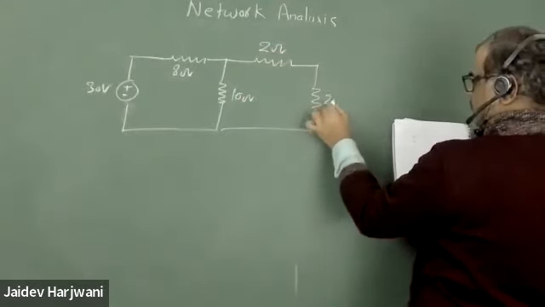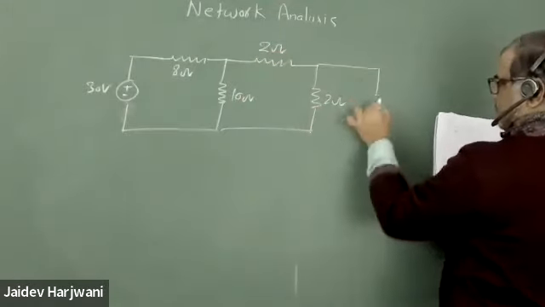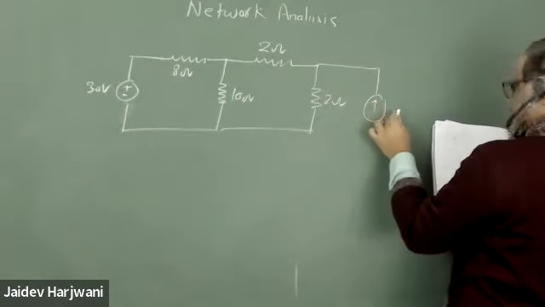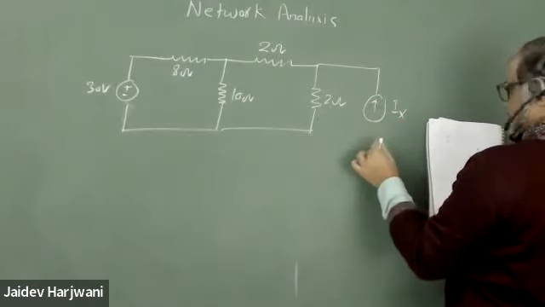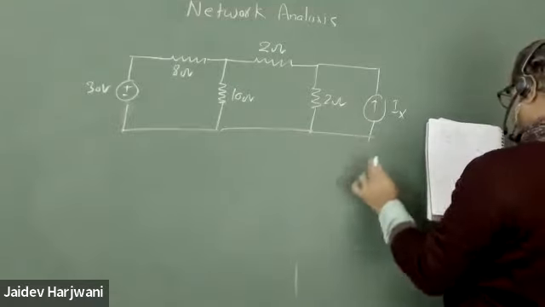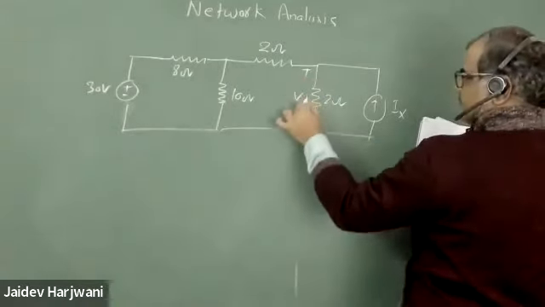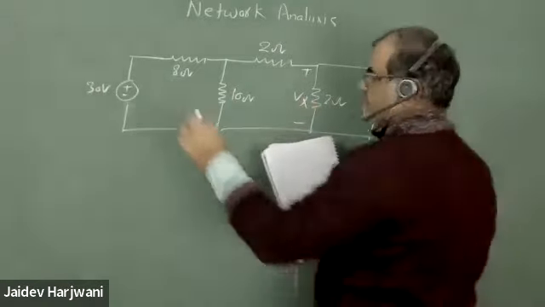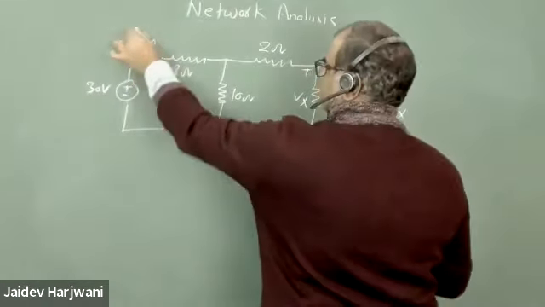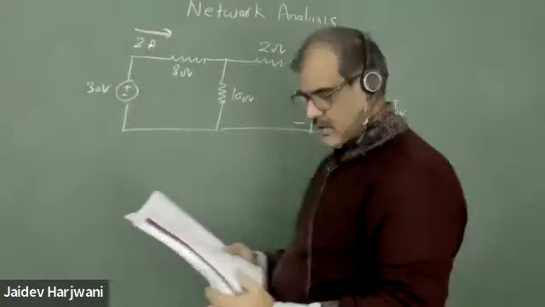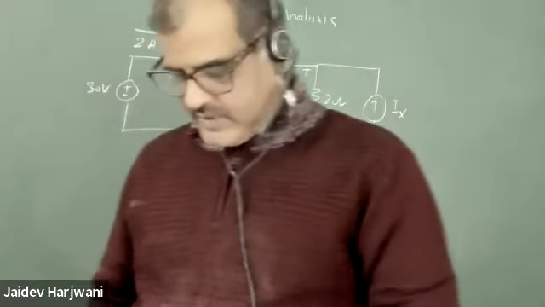Okay, this is 2 ohm. This is a current source, say Ix. Now this is a 2 ohm. So please find out Vx, and you have been given that 2 ampere current is flowing in this branch. Tell me what is Vx now.